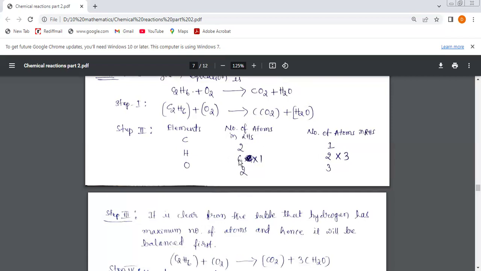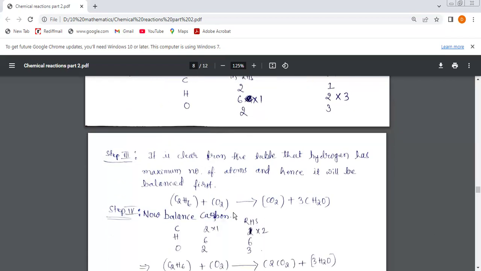Here I am multiplying this 6 by 1 to keep it 6. So that the number of hydrogen atoms on the reactant side becomes equal to the number of hydrogen atoms on the product side. So this is also 6, 2 into 3 is also 6, and hence the hydrogen is balanced. And now this is the resultant equation.